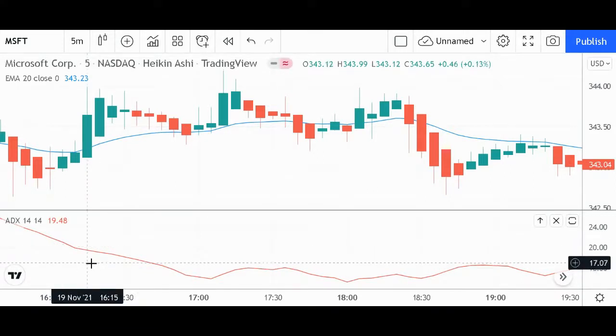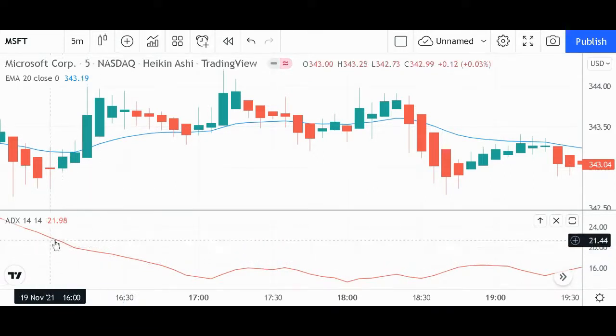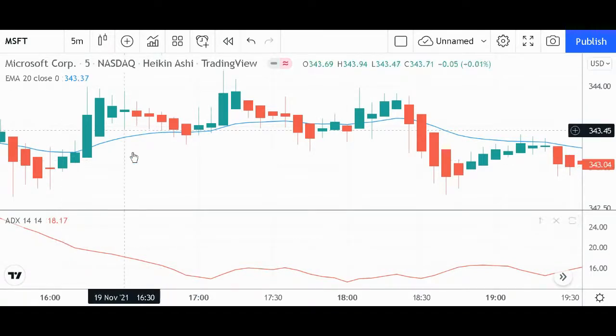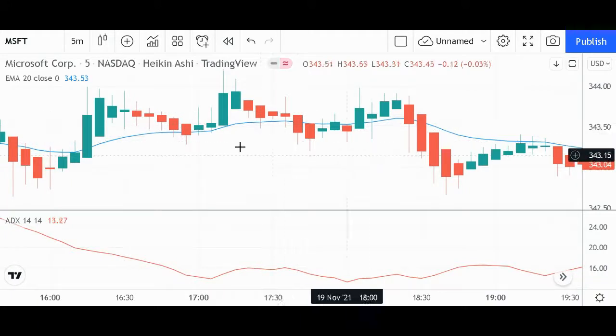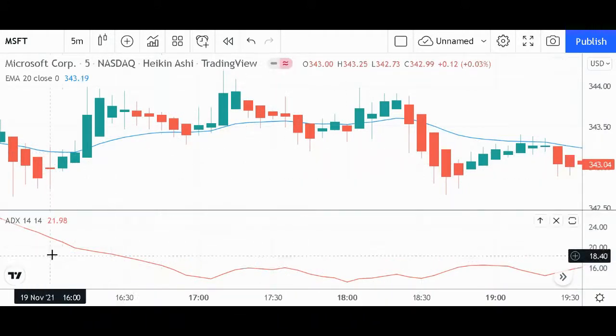I believe his idea was he wanted this thing to be above 25, the ADX indicator. Here it was above 25, then it went below 25. And I'm thinking not a strong trend, maybe just stay out of the trade, because if you're a trend trader, you're looking for a strong trend. You don't want sideways, directionless, choppy stuff, right? That's not where the money's made if you're a trend trader.